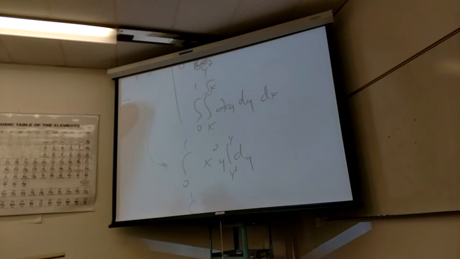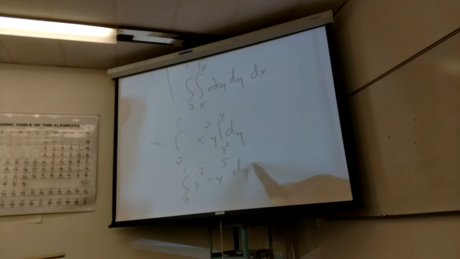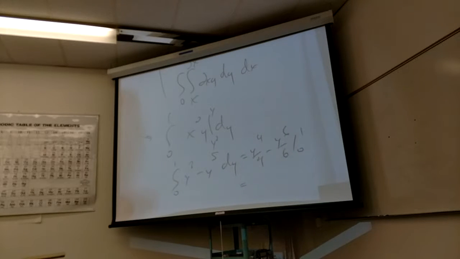So I get the integral from 0 to 1 of y cubed minus y to the fifth. You guys kind of with me? If you didn't do it this way, you should end up with a similar-looking thing. Then this will be y to the fourth over 4 minus y to the sixth over 6 from 0 to 1. So it'll be 1/4 minus 1/6, which is 1/12.